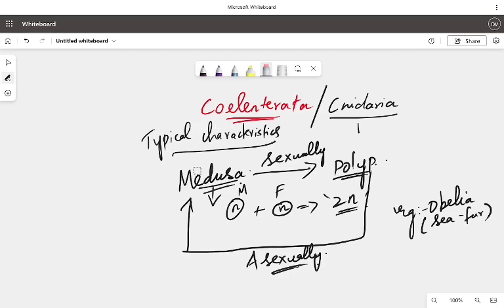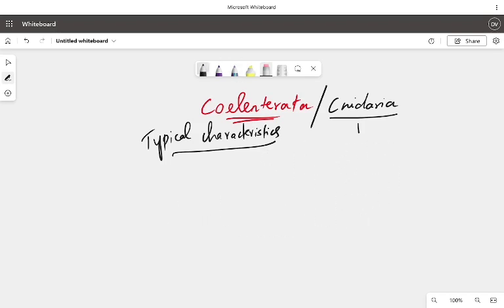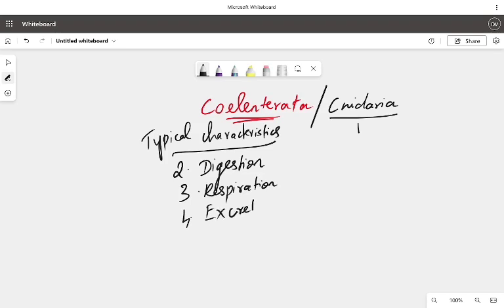So what are the rest of the things? The important typical characteristic is the alternation of generation, which we saw now. The rest, let me write it here. Talking about digestion, what else? Respiration, then excretion, then circulation, then reproduction, then development.